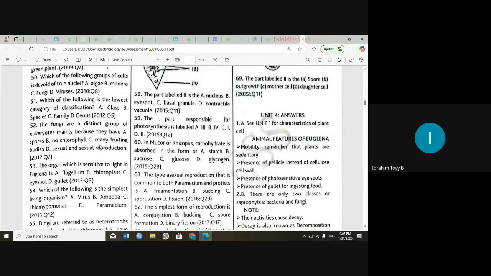They have spores, they have fruiting bodies, they can reproduce sexually and asexually. So the only one that they now have is chlorophyll. Okay, wait, let's do the question again. The fungi are a distinct group of eukaryotes mainly because they have spores, no chlorophyll, many fruiting bodies, sexual and asexual reproduction.